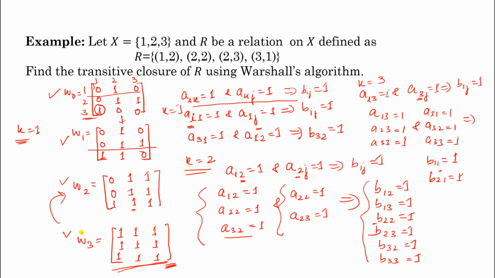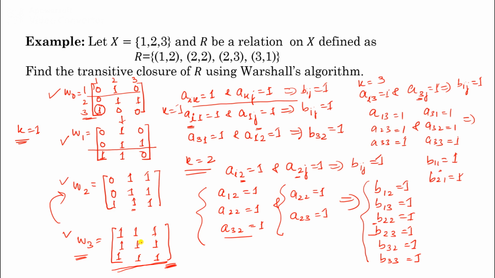So this W3, 3 elements are there, is the matrix of the transitive closure of R. So you can write all these elements, for example 1 1, 1 2, 1 3, similarly 2 1, 2 2, 2 3 and the remaining elements.